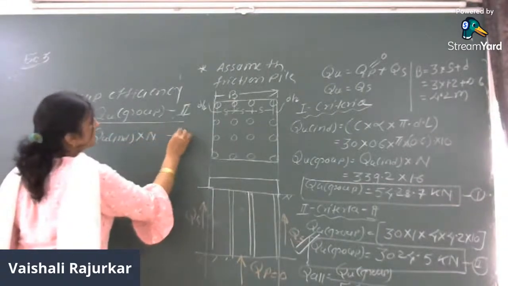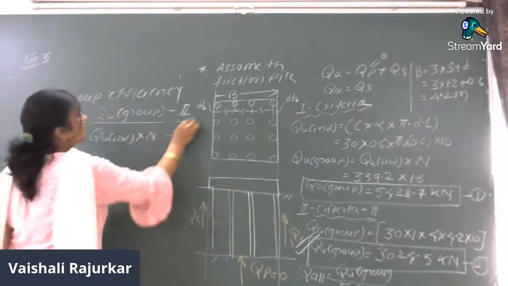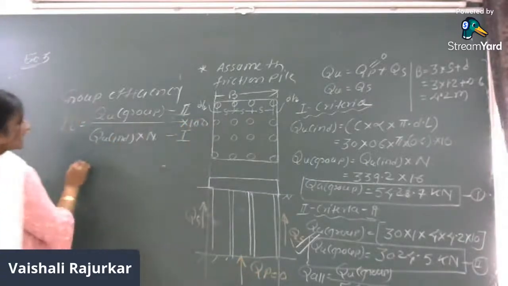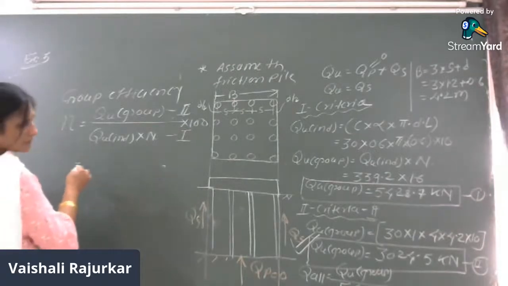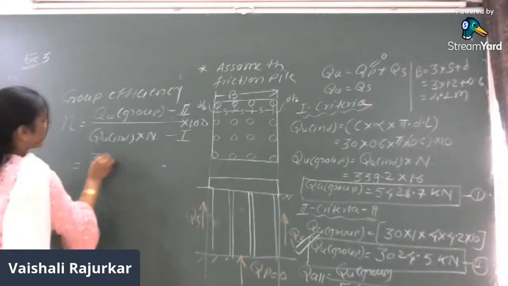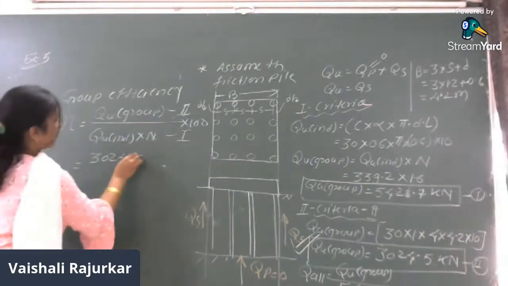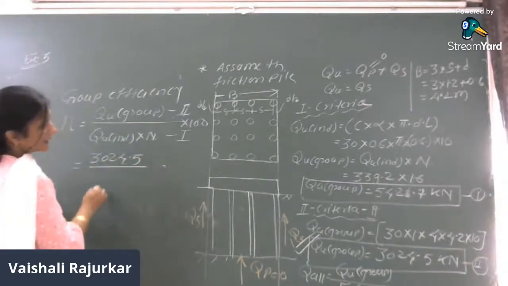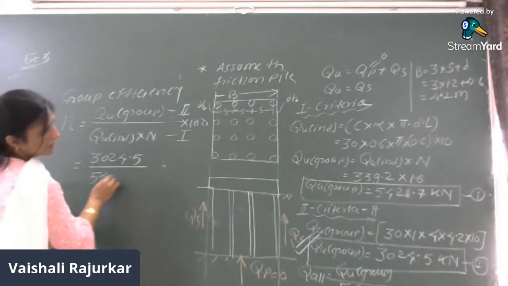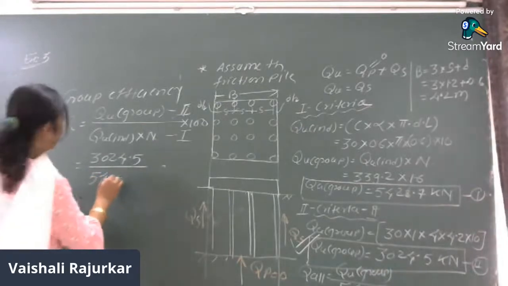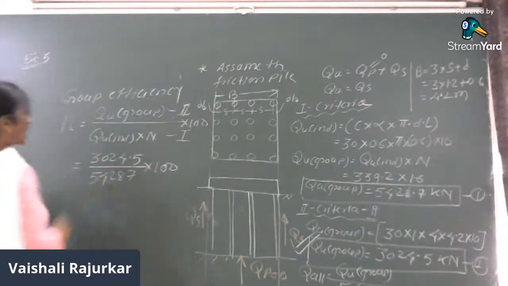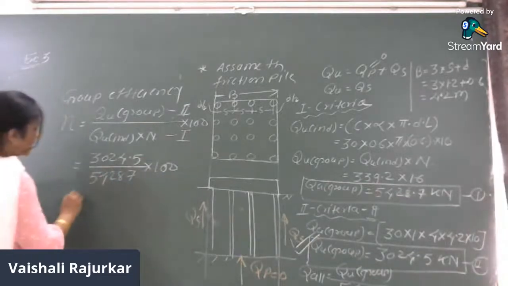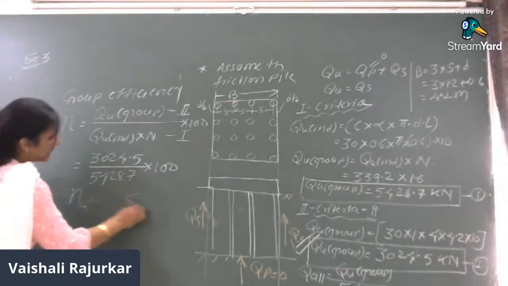This is the group capacity by the first criteria, and multiplied by 100. So in this case, the value is 3024.5 divided by 5428.7 multiplied by 2.